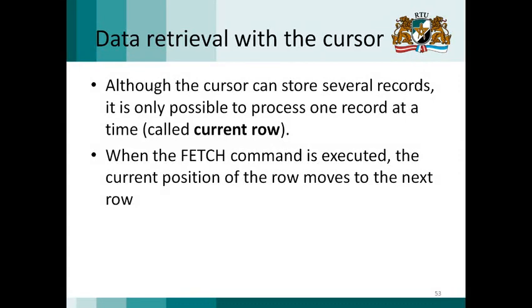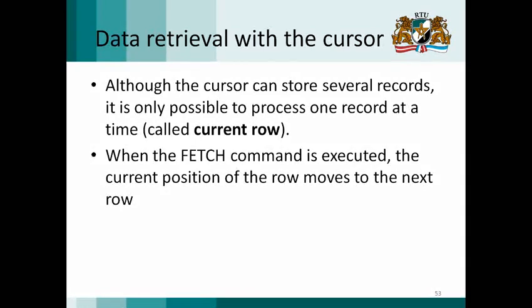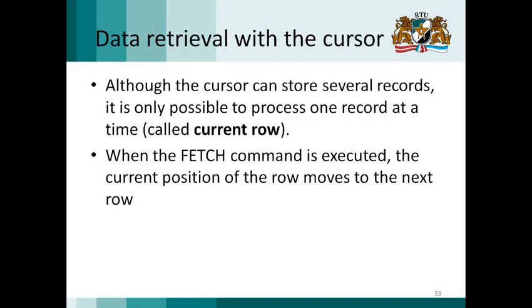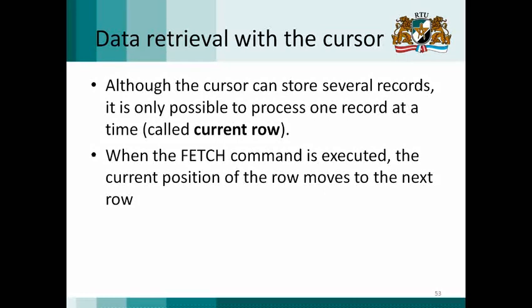There is a thing with cursors also. This cursor can store many values similarly to the table. It can only access one of the rows at the present moment. And this row is called a current row.